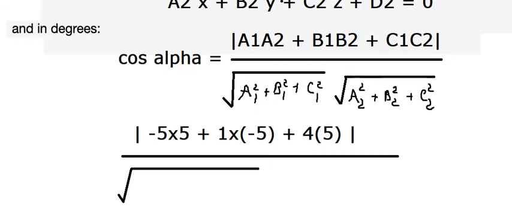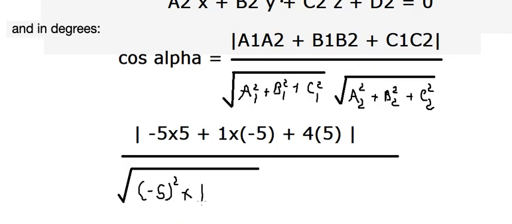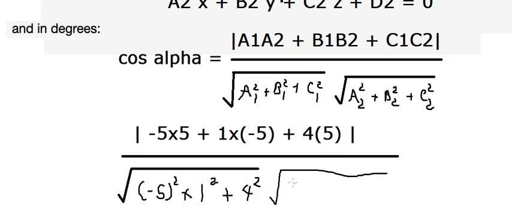So we have negative 5, positive y, so that is 1, and 4 squared, and the next one we have negative 5 and positive 5.